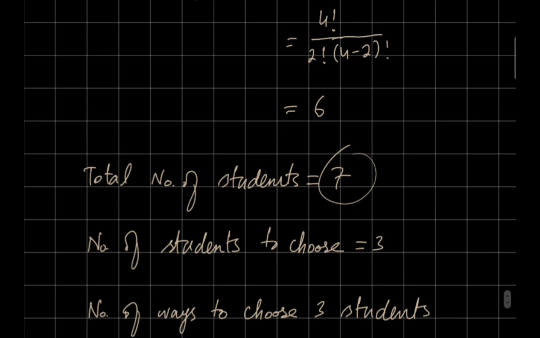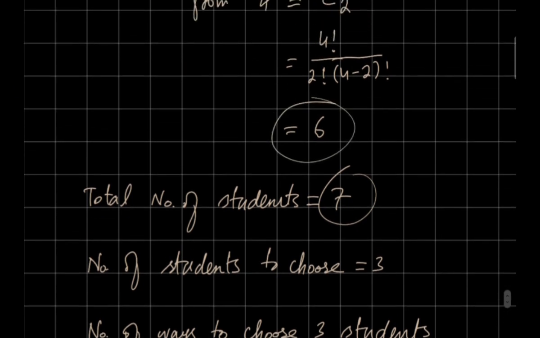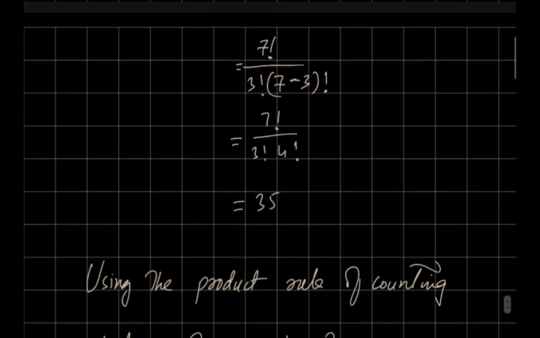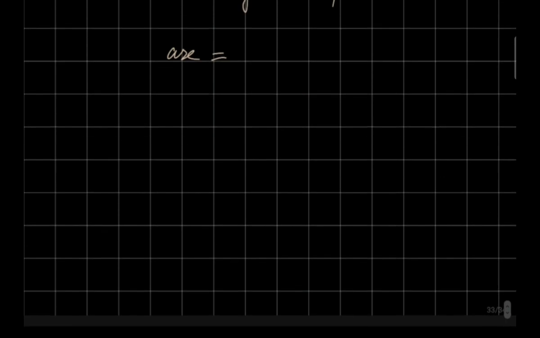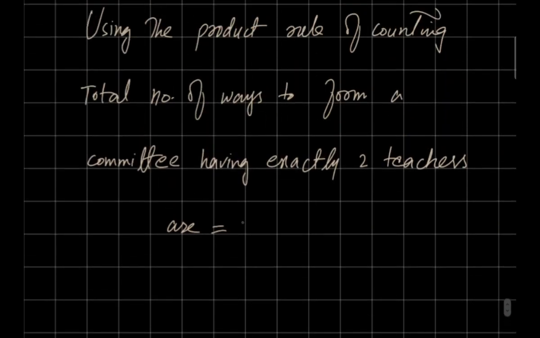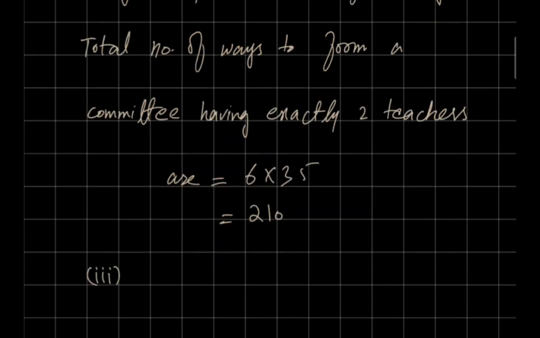The first result is 6, the number of ways to choose teachers, and the second result is 35, the number of ways to choose 3 students out of 7. So our answer is 6 times 35, which is 210. It is the answer of this part.